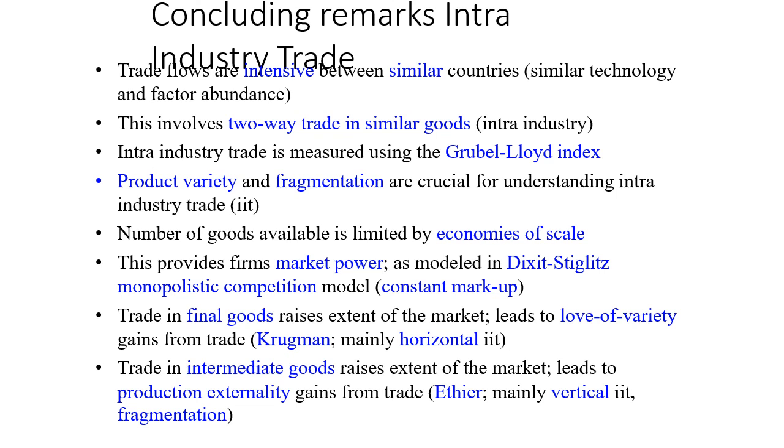When there's more variety, there's more utility. And the Krugman model, which we were shown, is mainly to do with horizontal intra-industry trade. And then we showed the EKO model, which is more to do with vertical intra-industry trade. The Krugman model is about final goods, and the EKO model is about intermediate goods.